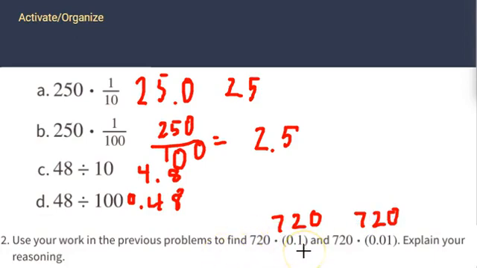Here, since we're multiplying by 1/10, we're going to end up making this 72, because this represents a fraction 1/10. Same thing here. Well, similar, not the same thing. That 1/100th represents the 1/100, which means our decimal goes here, and it's 7 2/10.